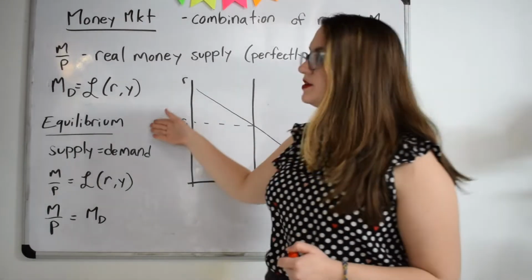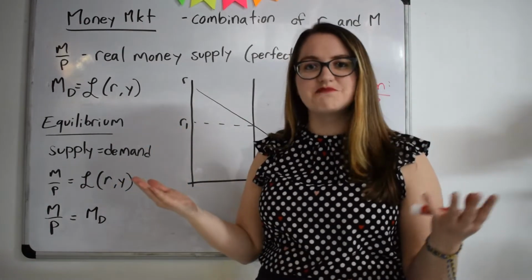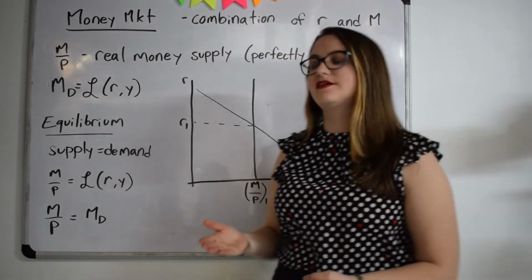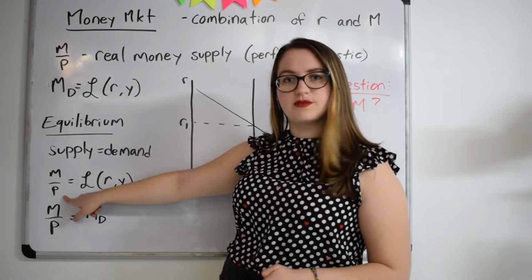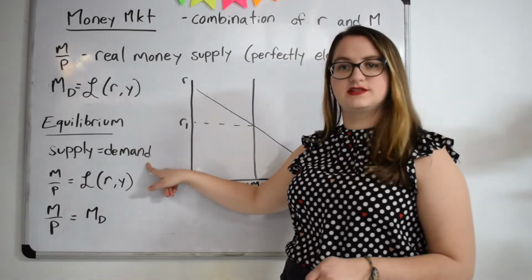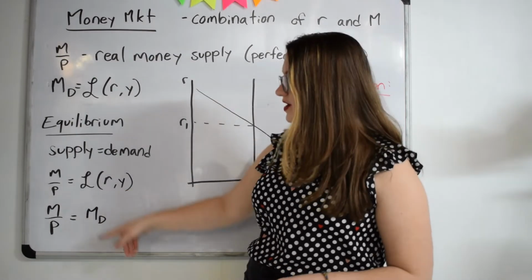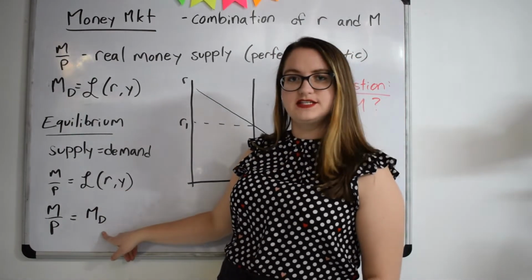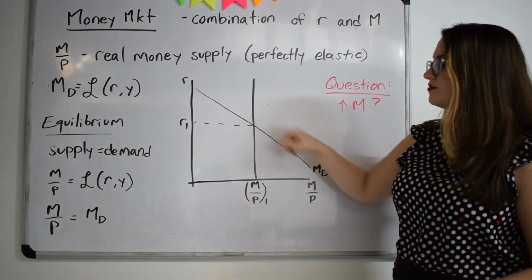Our equilibrium here is that supply equals demand, pretty simple, what we've been working with this entire class. If we replace supply with money supply, and demand with the function for liquidity, we get money demand equals money supply, or this point right here.